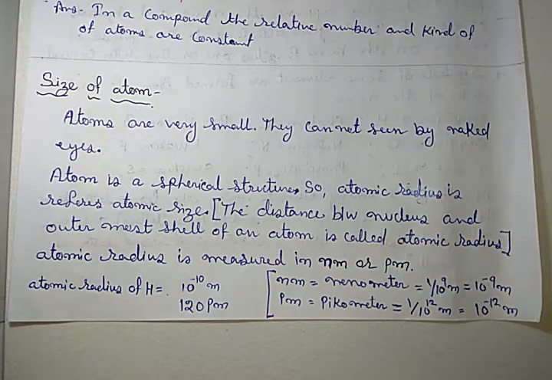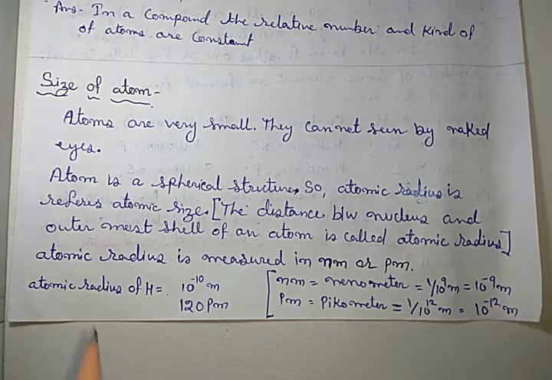An atom is just like an onion which has multiple layers. Similarly, in an atom, electrons are distributed in circular paths which are known as orbitals or shells. We will discuss that in our topic on atomic structure.